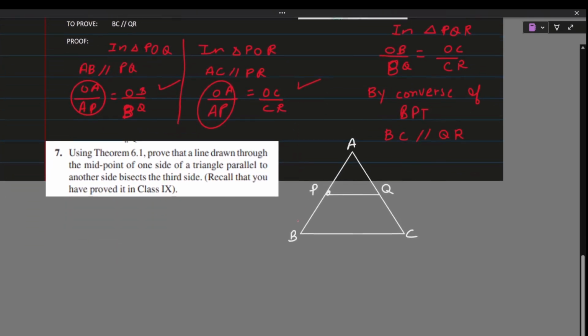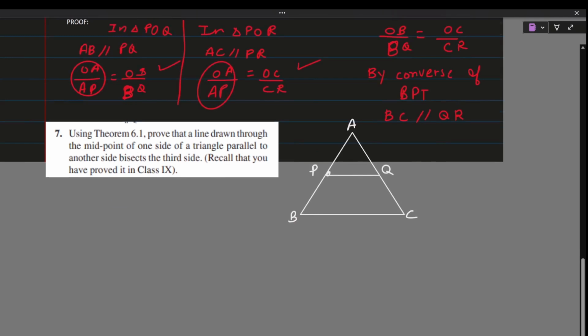Now in the next question, it's given that a line drawn through the midpoint of one side of a triangle parallel to another side bisects the third side. So in this triangle ABC, it's given that P is the midpoint of AB.